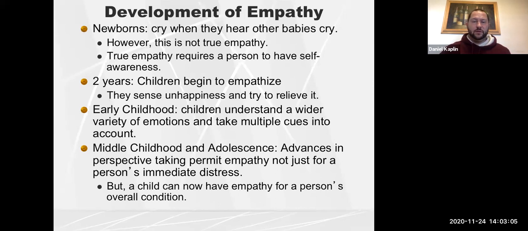By early childhood, so this is 3 to 5 years old, we see children have even greater understanding of emotions, and they're able to take multiple emotional cues into account. And by middle childhood, which is elementary school and adolescence, we start to see massive perspective taking that allows empathy, not just for what's the person struggling with at that moment, but their overall condition.